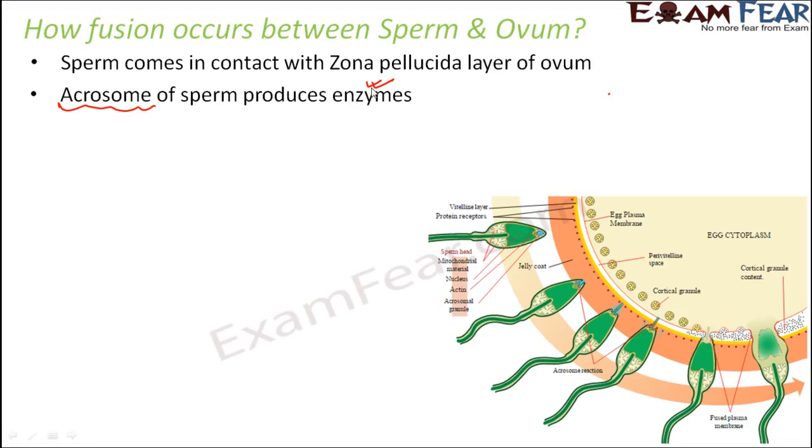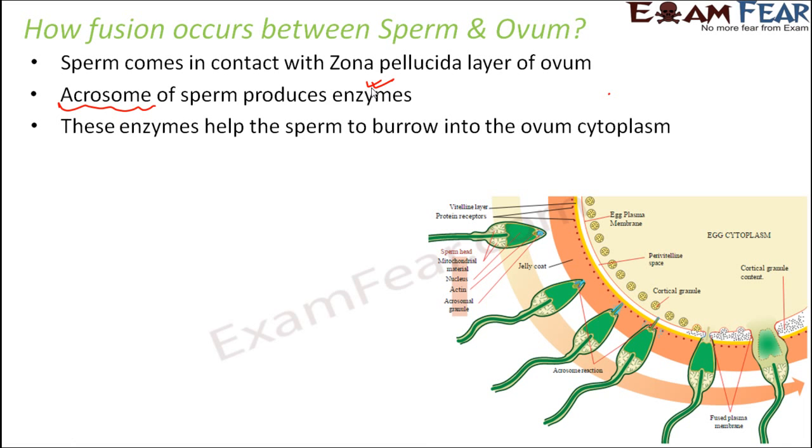Now, when the sperm comes in contact with the zona pellucida, which portion of the sperm comes in contact with it? The head, obviously. So the acrosome comes in contact with the zona pellucida. Now the enzymes in the acrosome help the sperm to burrow into the ovum cytoplasm. Now how can it burrow? That's because the enzymes which are there are all hydrolyzing enzymes.